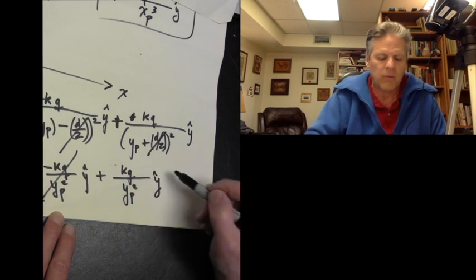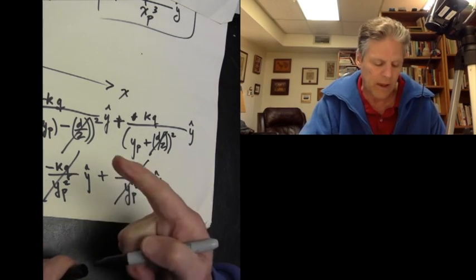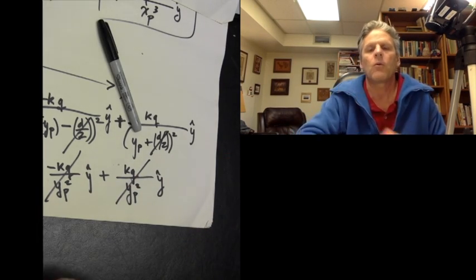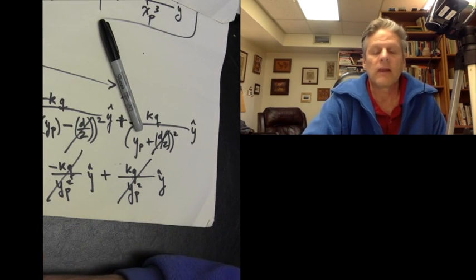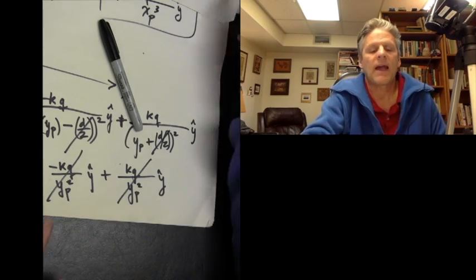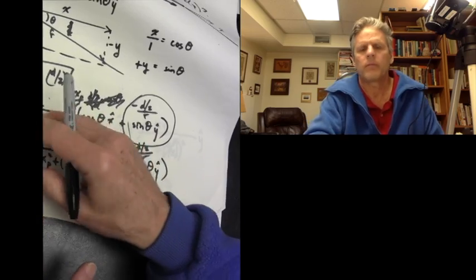Minus and plus are exactly equal. They cancel one another out. So the field along the axis far from the dipole, or far from these two charges, is equal to 0. Okay, that's that. Think about that and see if it makes sense to you.